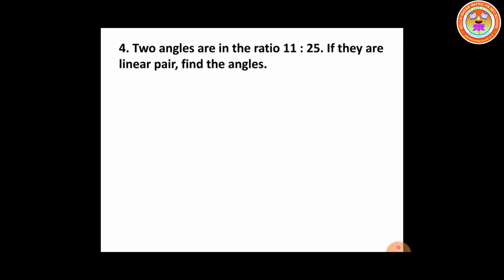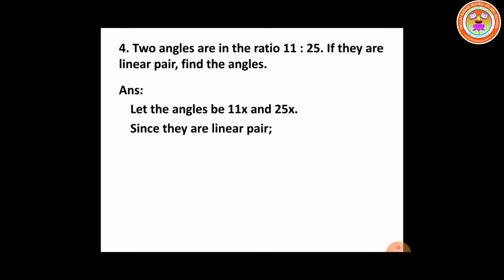Next one, fourth sum. Two angles are in the ratio 11:25. If they are a linear pair, find the angles. Let the angles be 11x and 25x.